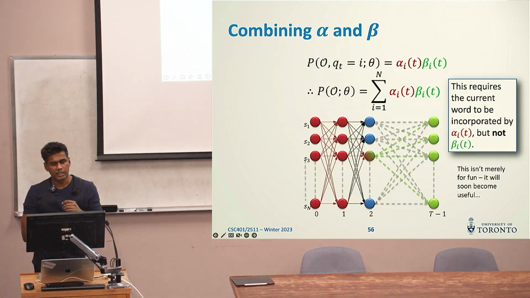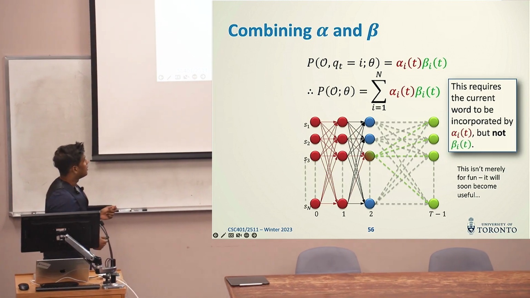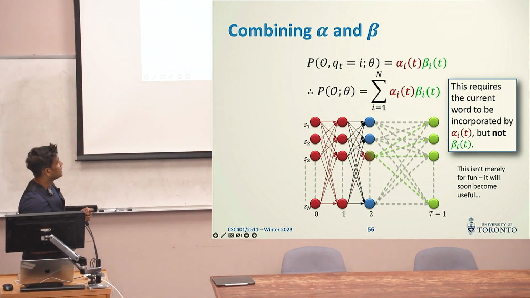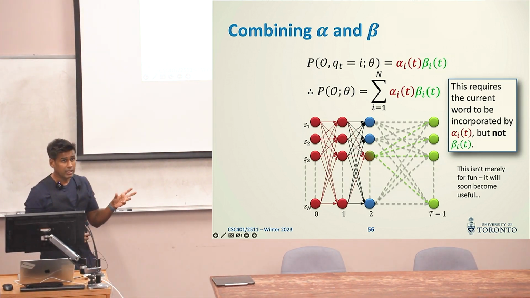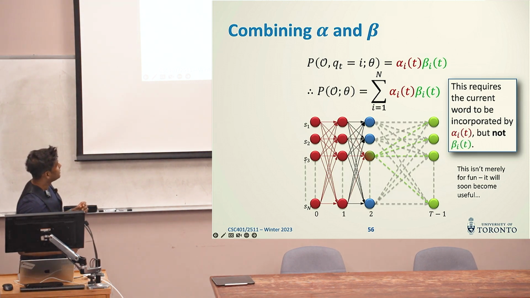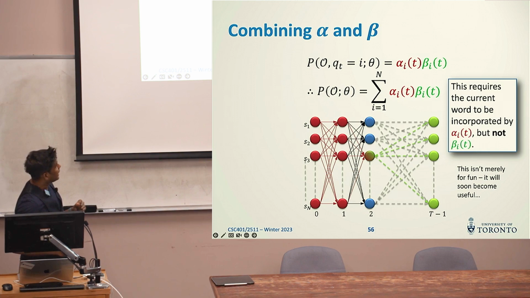But as you'll see over here, if you have alpha and beta, then you can have a trellis, and you can point to a single node anywhere in the trellis and ask what the probability is. If you look at the first equation over here, that essentially is pointing to this middle node. It's saying that given my observations, and I'm in some state i at time t equals 2, what is the probability of all the observations?